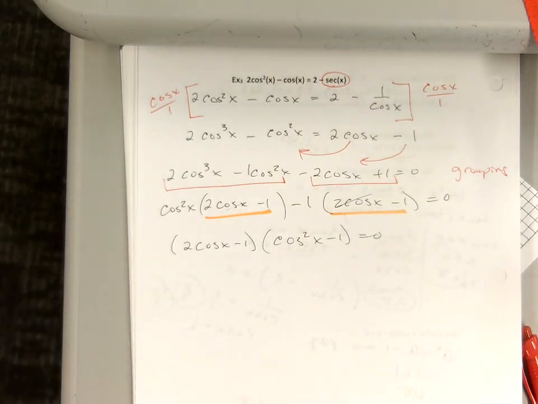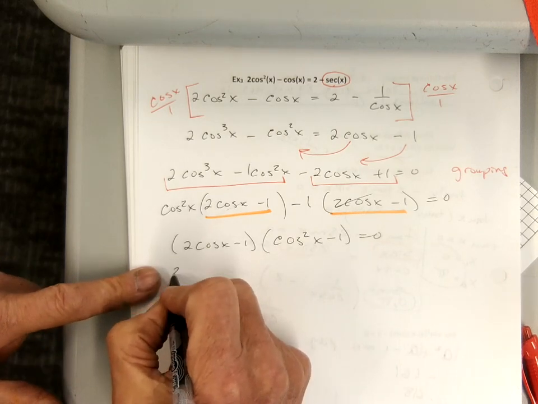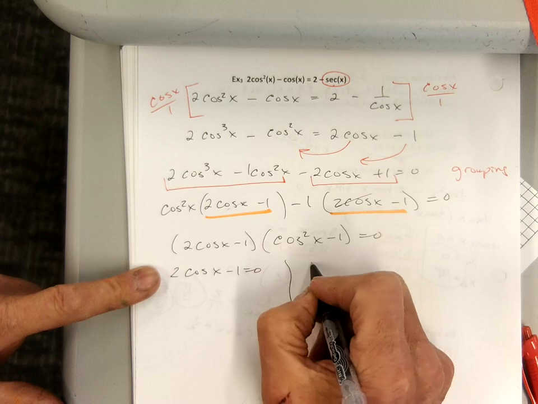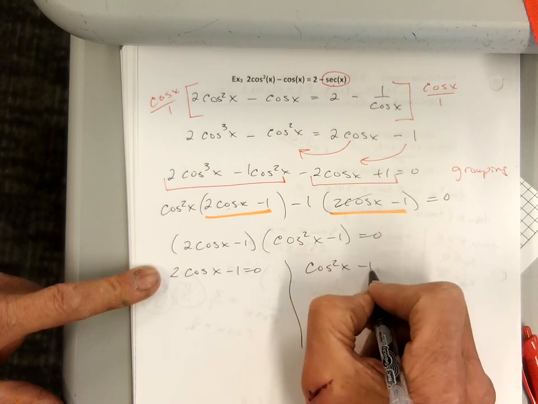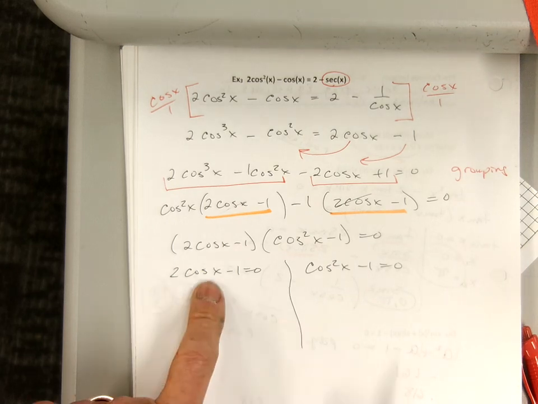All right, I'm getting there. I have my mini equations. We're going to set them equal to 0, maybe use the unit circle. So I have 2 cosine of x minus 1 equals 0 and cosine squared of x minus 1 equals 0. Well, let's just solve.